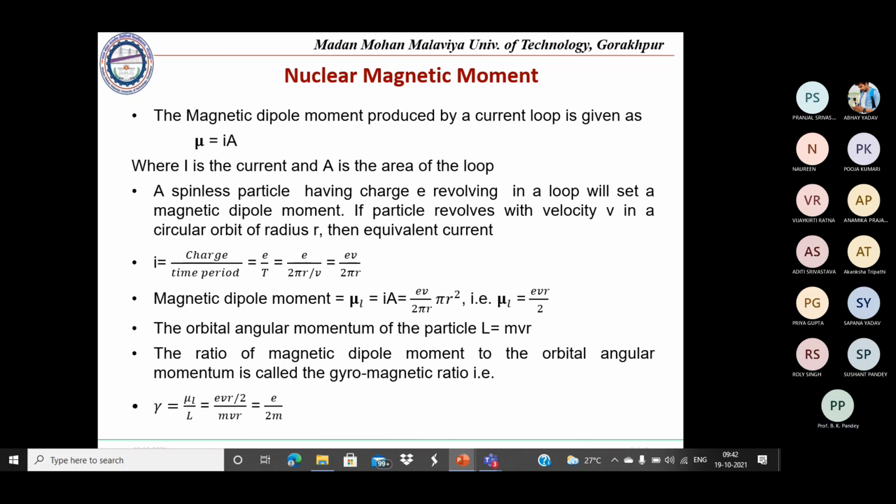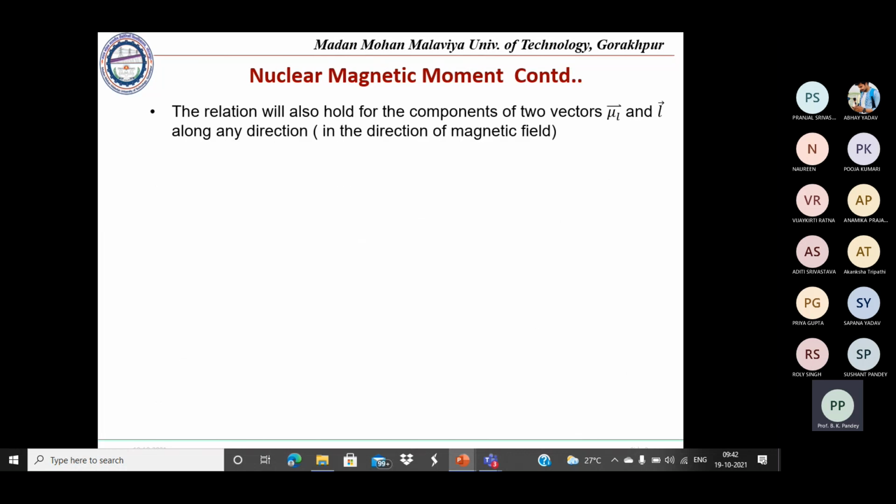This gyromagnetic ratio, gamma, or whatever symbol you use, is equal to mu L upon L. That is e v R upon 2, which we calculated above, divided by m v r, that is e upon 2m. This is known as the gyromagnetic ratio.